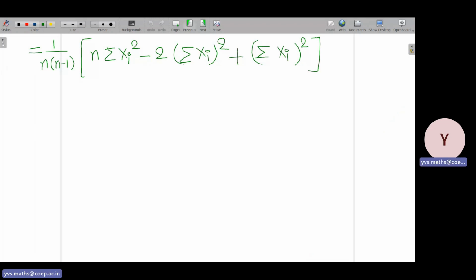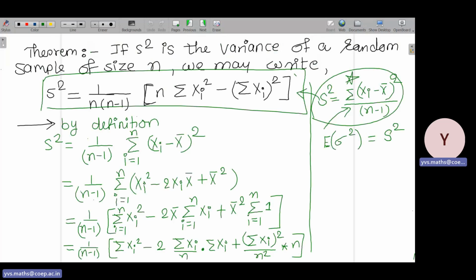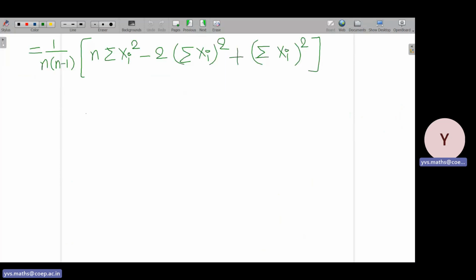The second term becomes summation xi whole square, written over here with the 2. The last term has n square in the numerator and n in the denominator, so we simply have summation xi whole square. Here we have 2 times summation xi whole square, and here simply summation xi whole square, so minus 2 plus 1 will be minus 1.